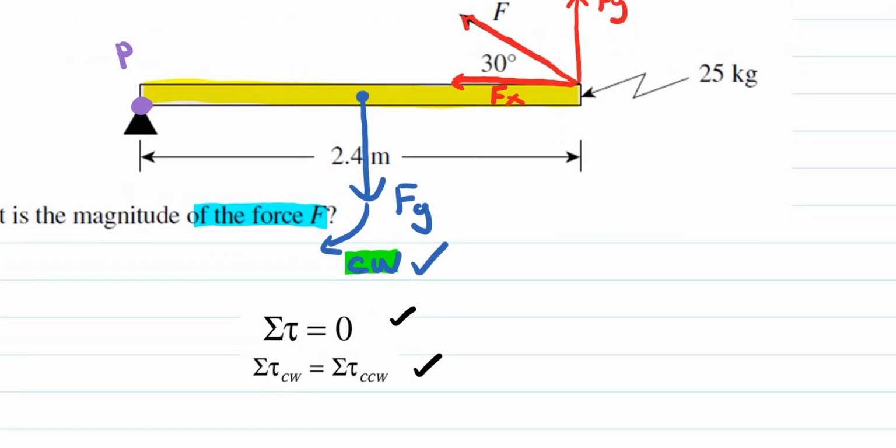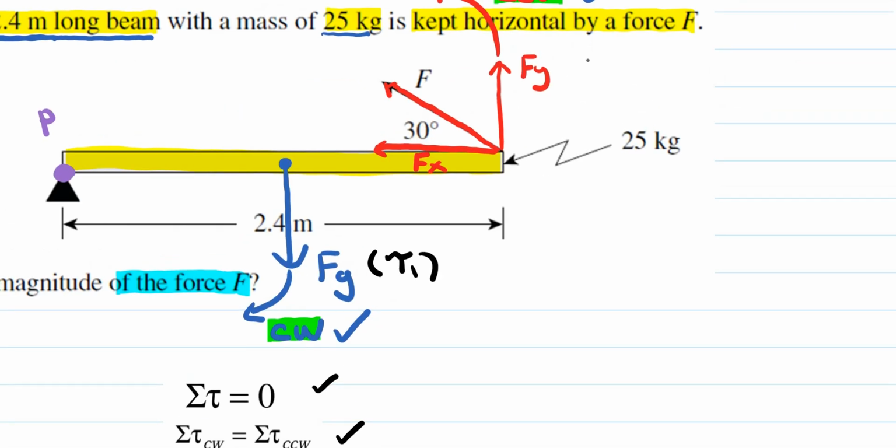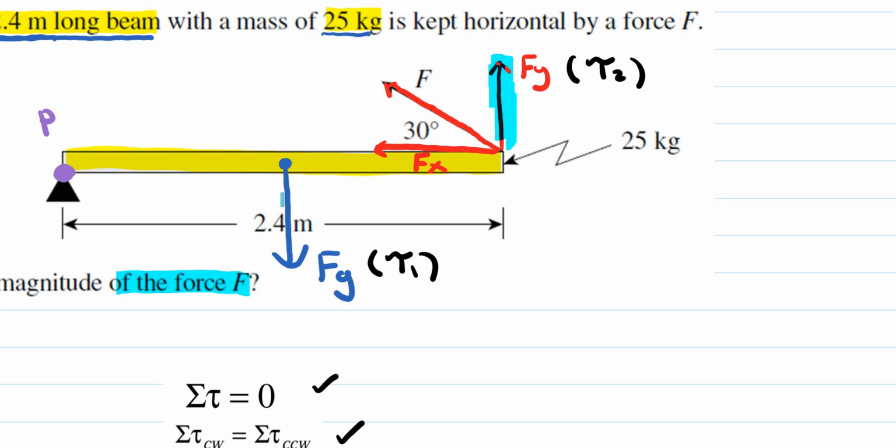Okay, so I'll call this torque 1, and I'll call this torque 2. So despite all these forces that are drawn, the main forces that we really need, let me erase this, we want to make sure that this vertical force right here is equal to this force down there, and that will make sure that the beam is in this rotational equilibrium there.